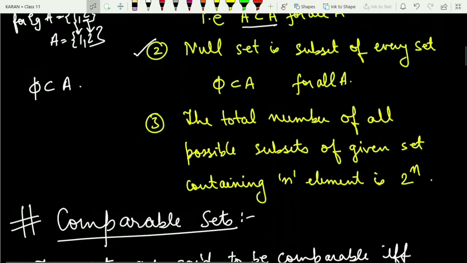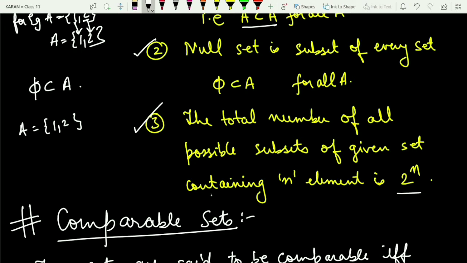Then the next important remark is, if I give you some set having maybe 2 elements or 3 or 4, or a finite number of elements, is there any way to calculate the total number of subsets? Yes, there is. The total number of possible subsets of a given set containing n elements is 2 raised to power n. That is the formula to calculate the total number of subsets.